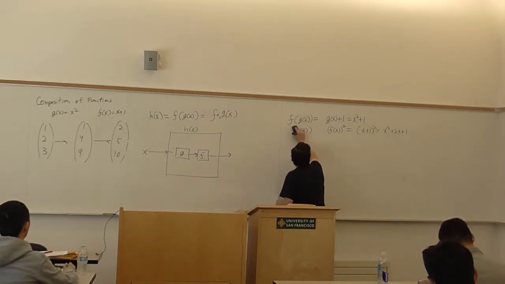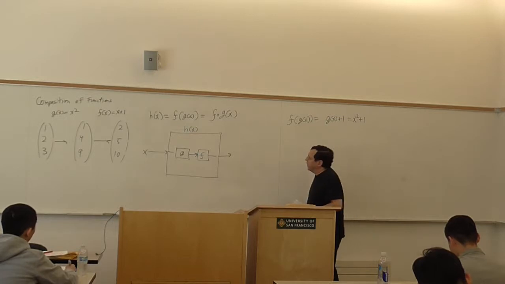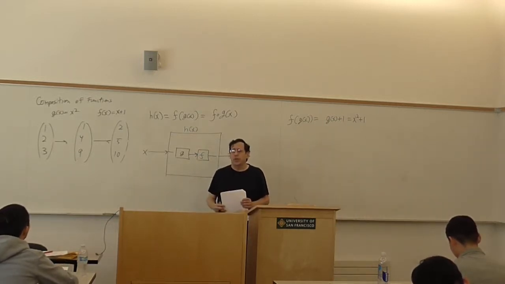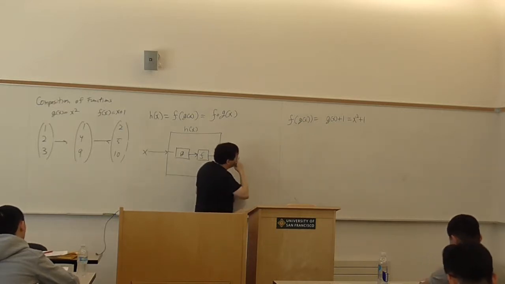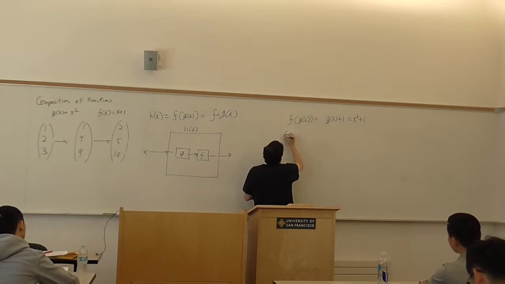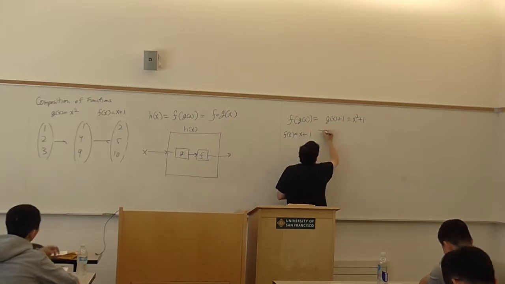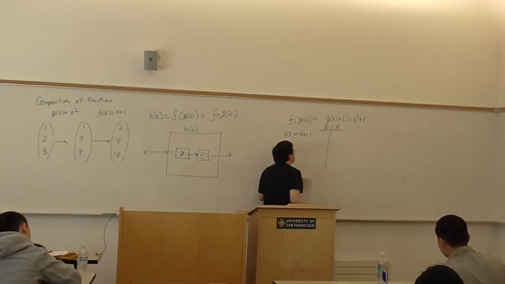So let's just look at this first example for a second. Let's think about the domains and ranges of these two functions, g and f, and the result. So again, f of x is x plus 1. So the domain of x plus 1 would be what?